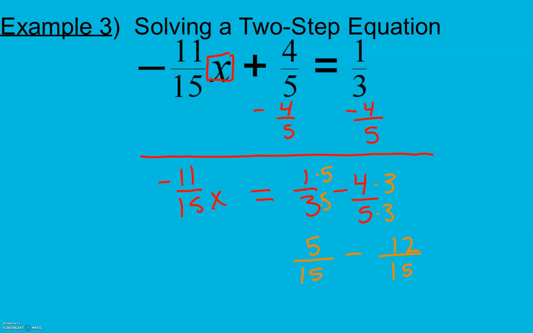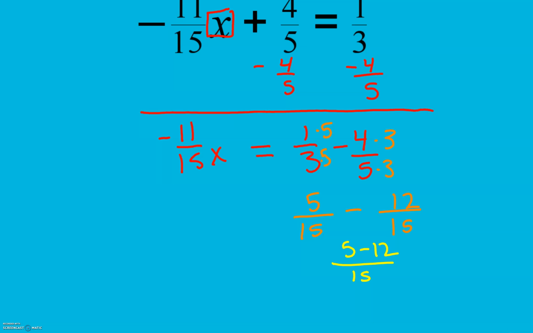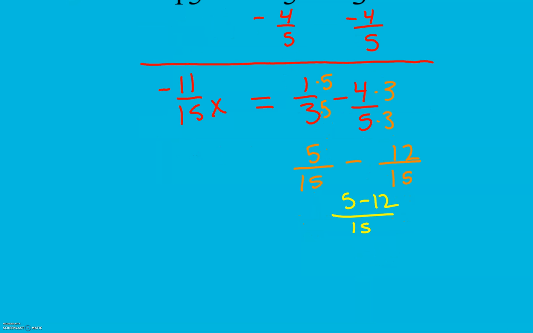Now, since I have a common denominator, I can keep my denominator, perform my operations on my numerator, and I'm going to get negative 7 over 15. That still equals negative 11 over 15x.